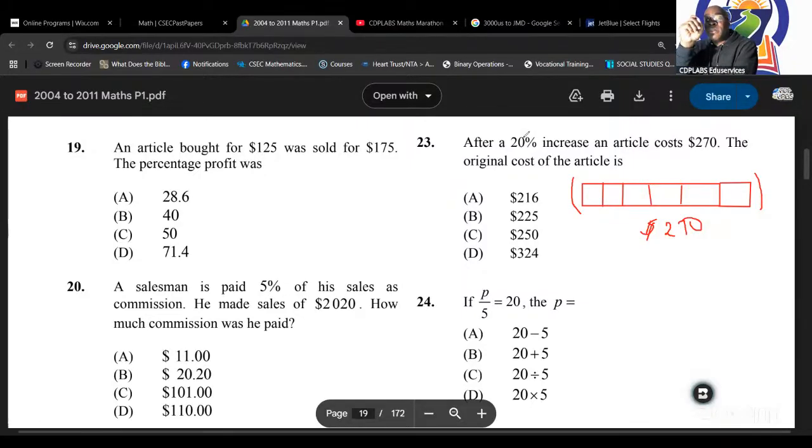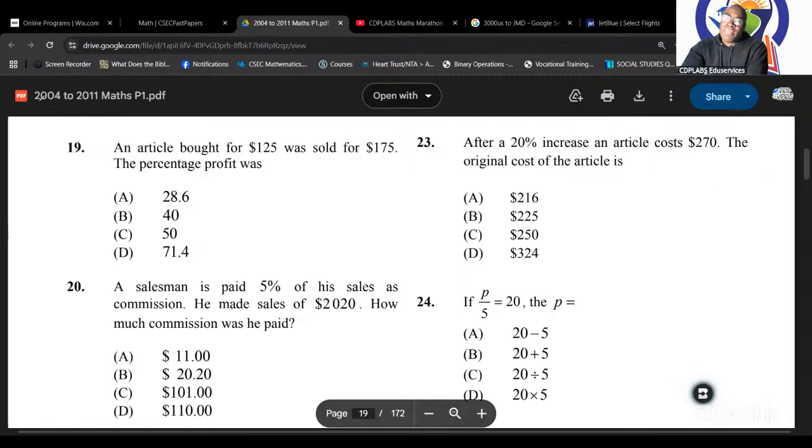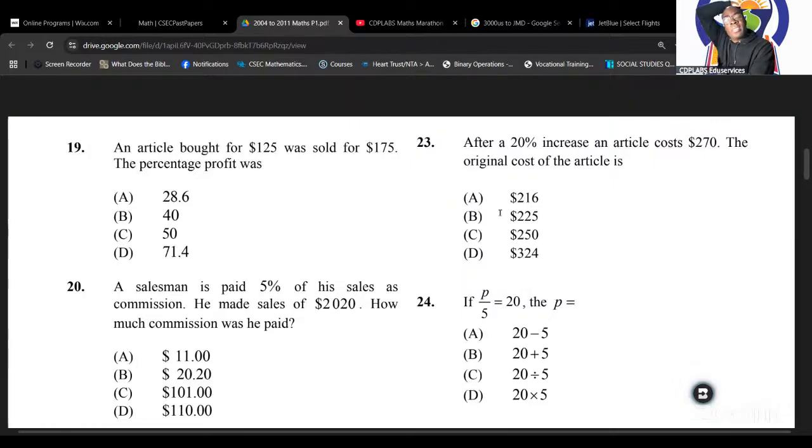Multiplying that 1 by 5 gives us the original cost, which is 225. To think like this comes with a certain level of practice and developing your sense of reasoning. You never have to use a calculator in this case.